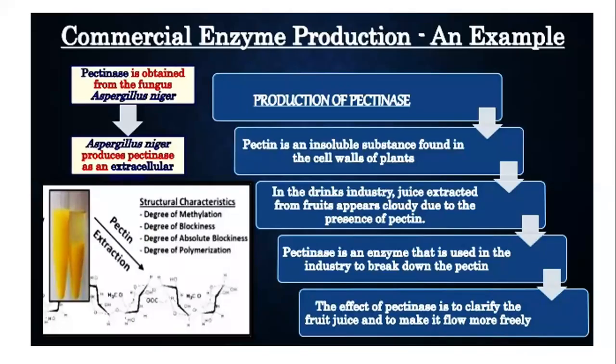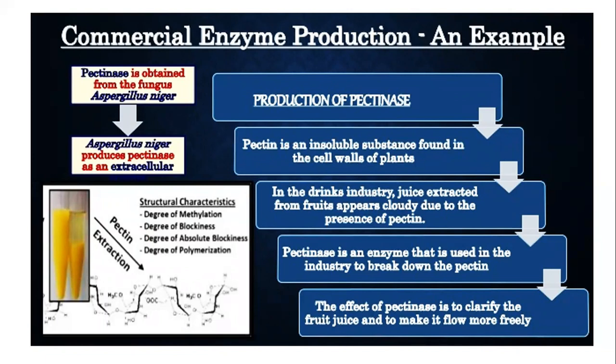So take an example, commercial enzyme production. Here Aspergillus niger, a fungus, is used for the production of pectinase. It is an extracellular enzyme. Pectin is an insoluble substrate found in the cell wall of the plant.